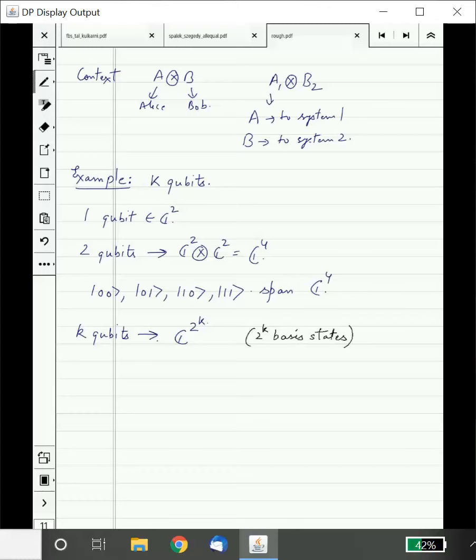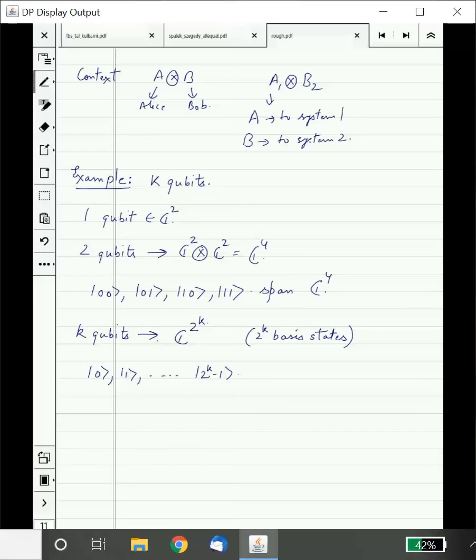Now, since there are 2 to the power k basis states, a simple way to write the standard basis, as we have been doing, is this. Though this is not a great way to write it, because this loses the structure of individual qubits.